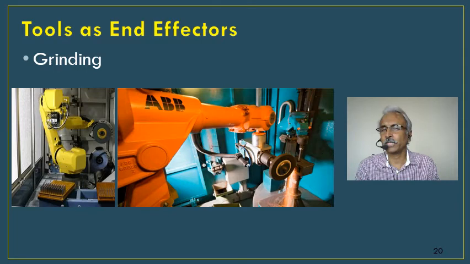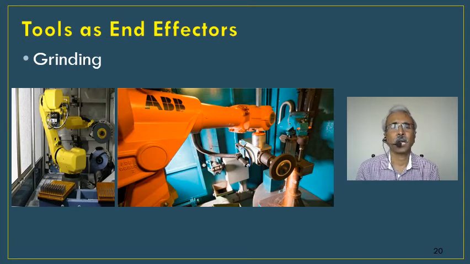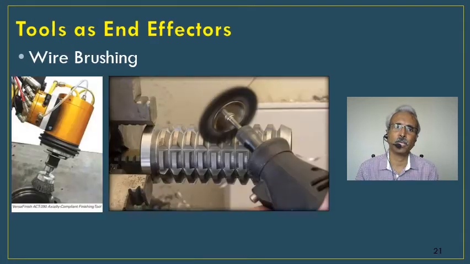For two reasons. One is, only when you apply uniform force throughout, the surface finish will be uniform throughout the surface of the part. And the second thing is, if you want to maintain dimensional accuracy, the uniform force is very important. So that is where a robot does a better job than doing it manually.